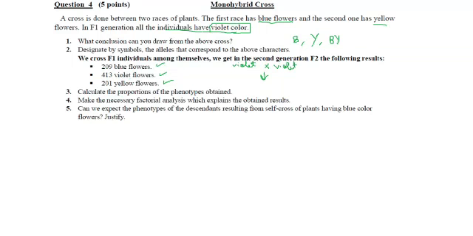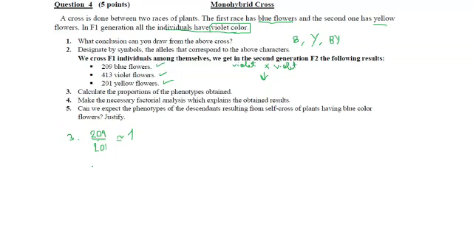Calculate the proportions of the obtained phenotypes. Of course, we divide by the smallest number: 209 over 201 is approximately equal to 1.